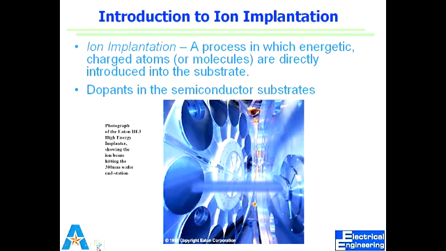So ion implantation, we have discussed some of it. It's a process in which we want to introduce energetic charged atoms or molecules into a substrate. And more precisely in terms of silicon devices, we want to introduce dopants into a semiconductor crystalline structure, right?